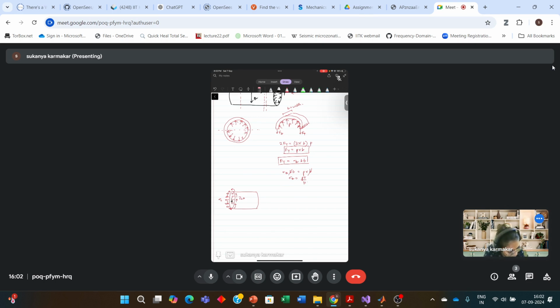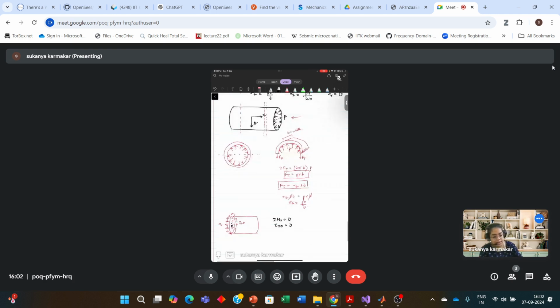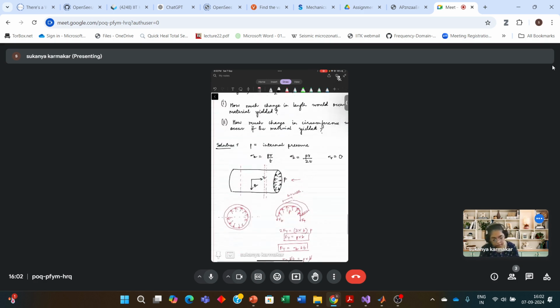So the summation of moment about O is equal to 0. Or we can say that tau theta z should be equal to 0, because apart from this shear stress, you don't have any other force generating a moment. So we can conclude that theta z is the principal axis, that is the axis on which the shear stress is 0.